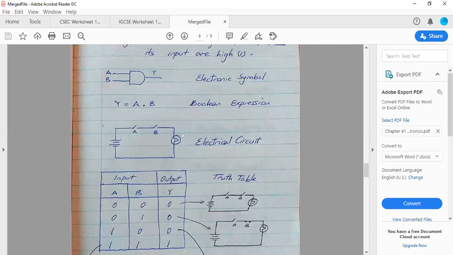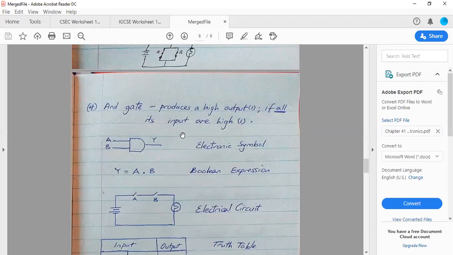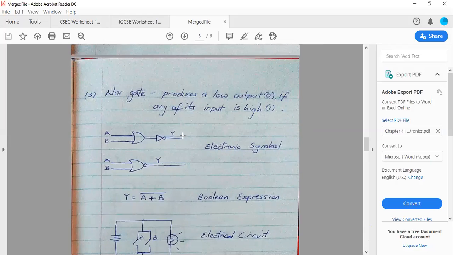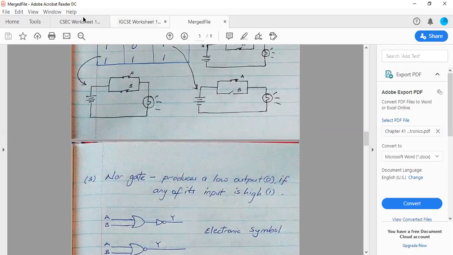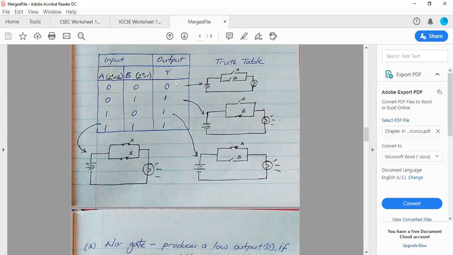So both inputs must be 0. So for both inputs low here, you get a 0. And all the other times it exists as a 1.